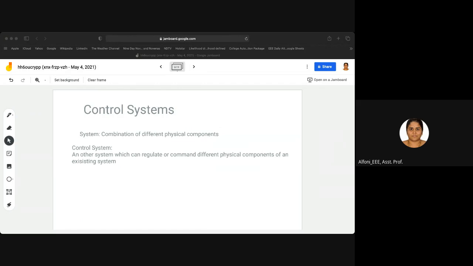For example, let's take the domestic domain. Automatic control in heating and air conditioning systems can regulate the temperature and humidity of homes and buildings for comfortable living.